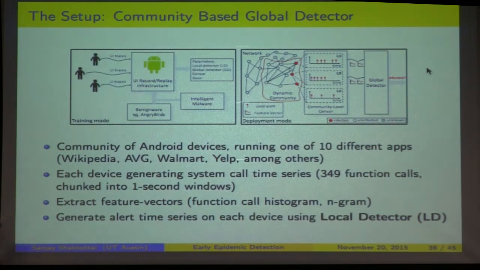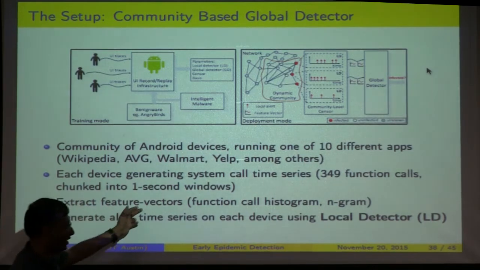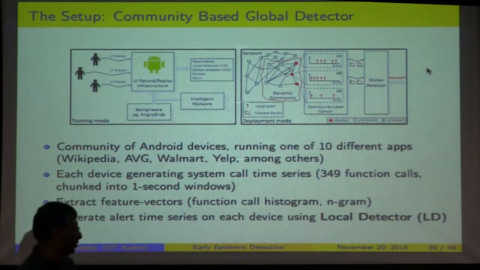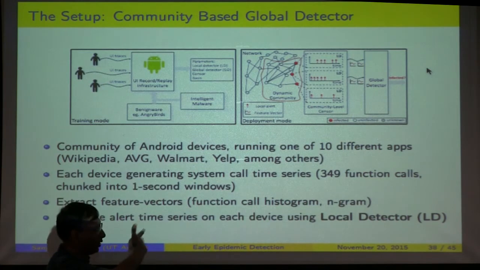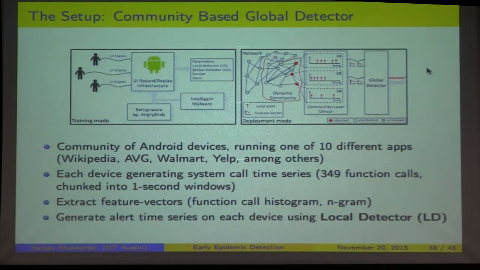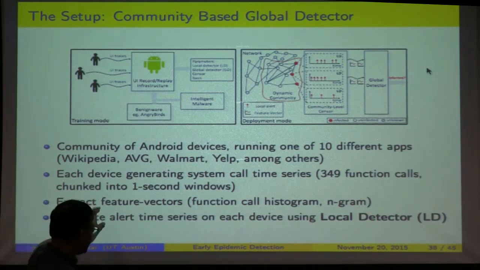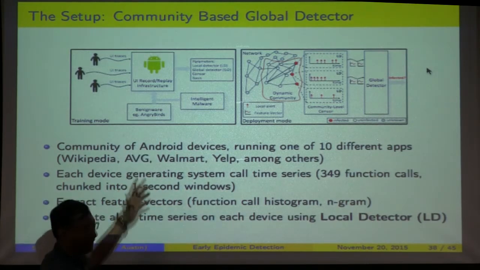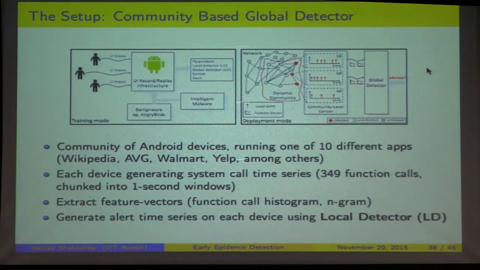These are all black box things essentially. We reduce it to a 10-dimensional thing, so for each second, for each node, there is a 10-dimensional vector. Then these vectors need to be fed into some lightweight detector on the phone itself. We call this a local detector.